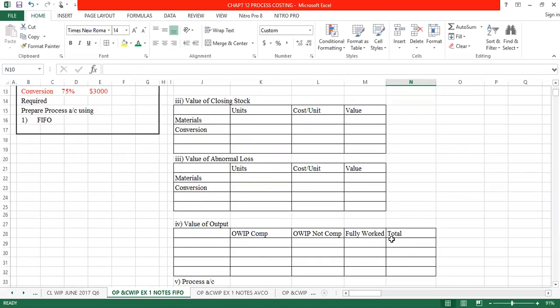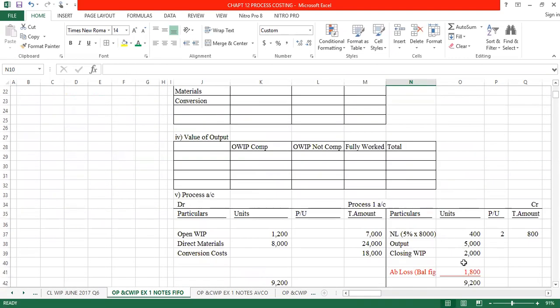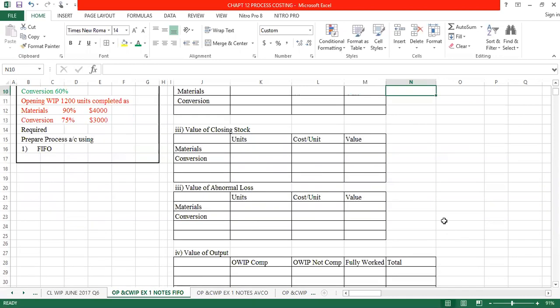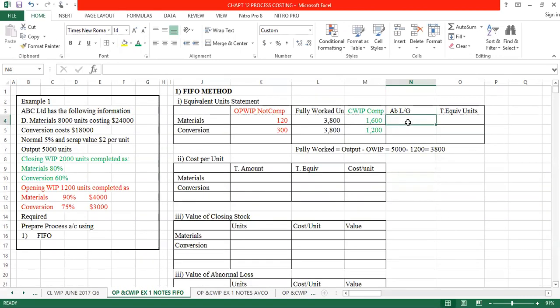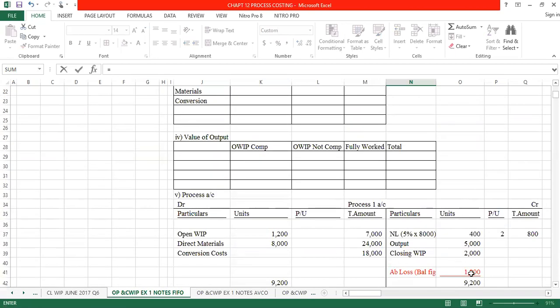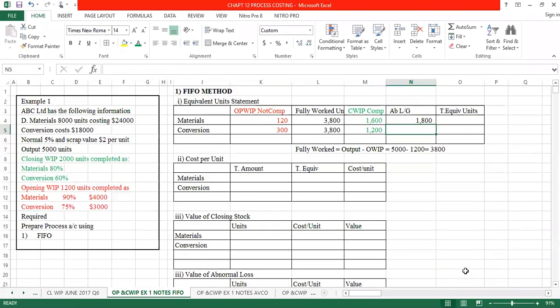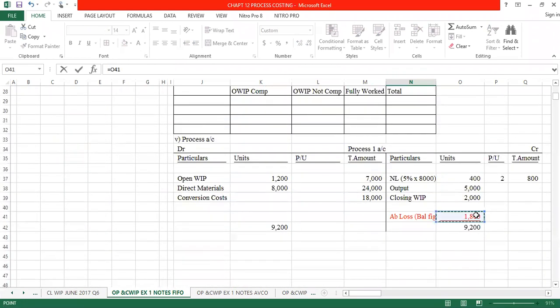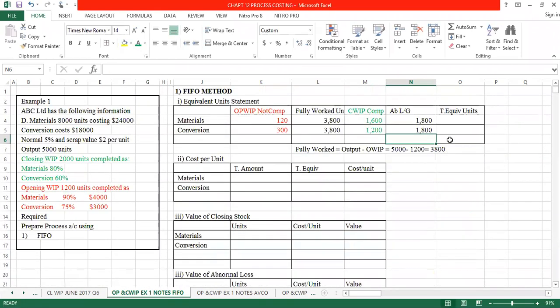Abnormal loss, you can see here, where is it? Abnormal loss is 1,800. So if it was a gain, you less. So we have confirmed that it is a loss.